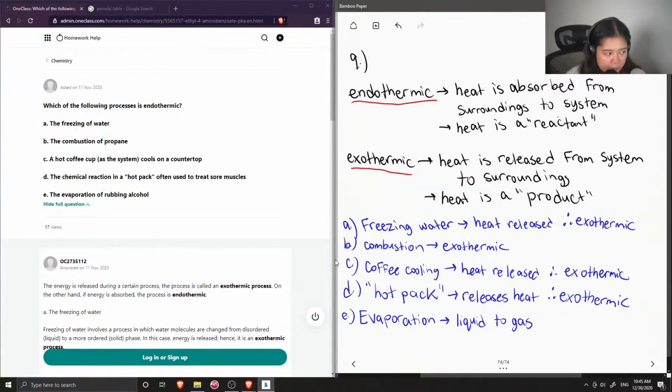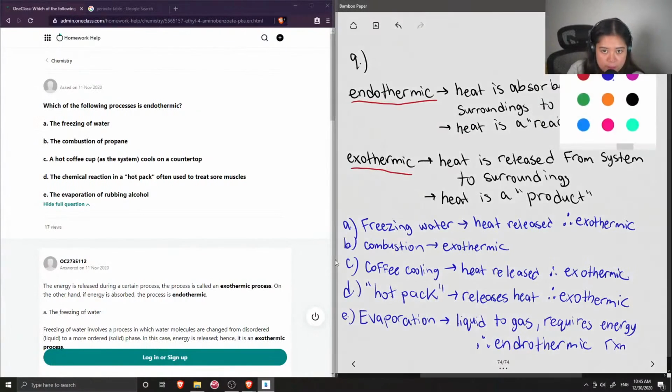So we can say the same thing about just the evaporation of rubbing alcohol. When we have the process of the phase transformation of a liquid to a gas, this requires energy, which can be in the form of heat. So therefore, this is our endothermic reaction. And our answer is then option E.